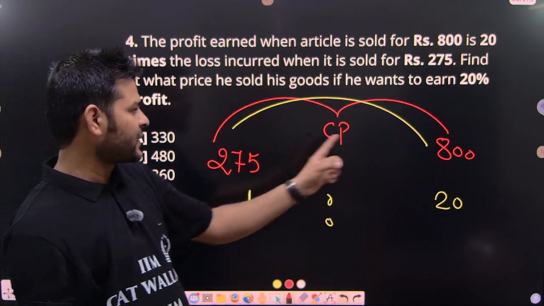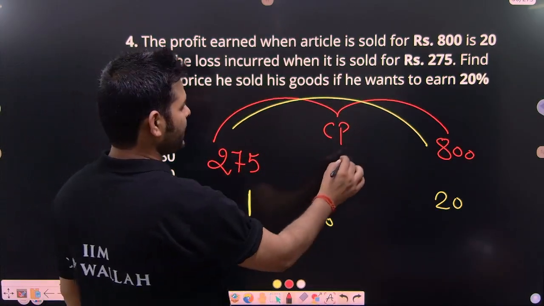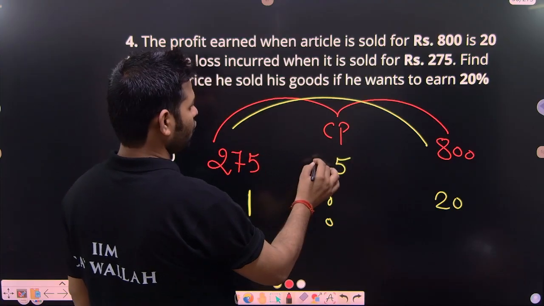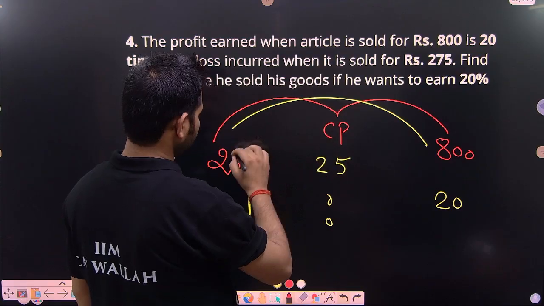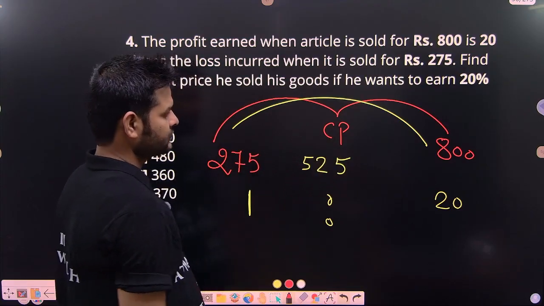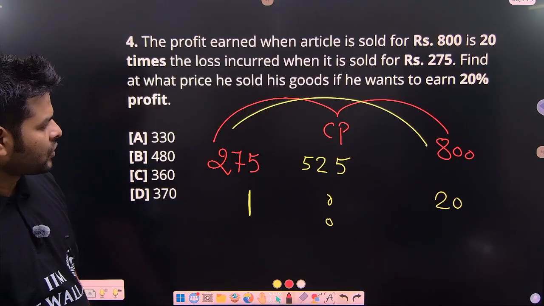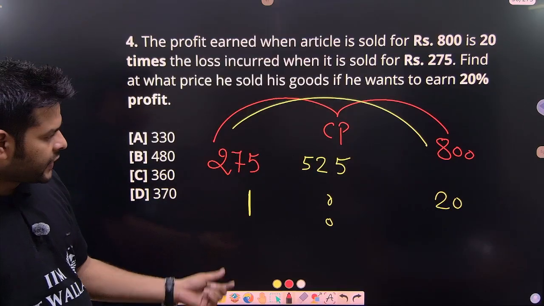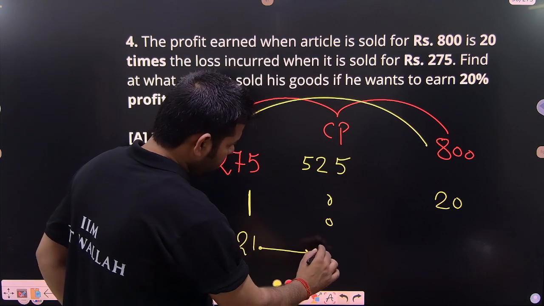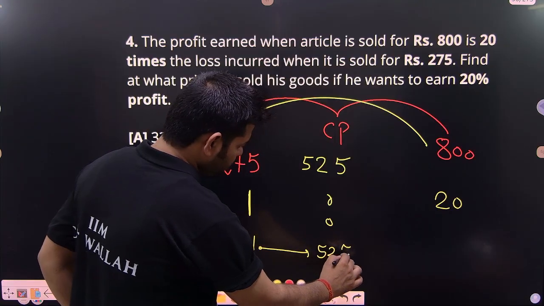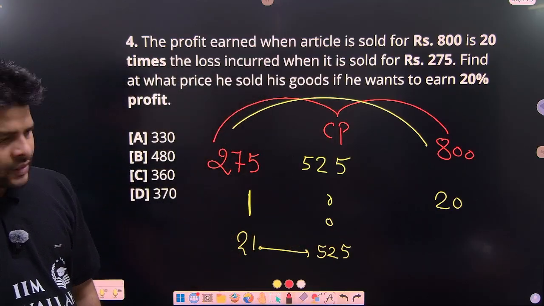So what would be the difference between both? 525. Got it? So you need to distribute 21 units in 1:20.